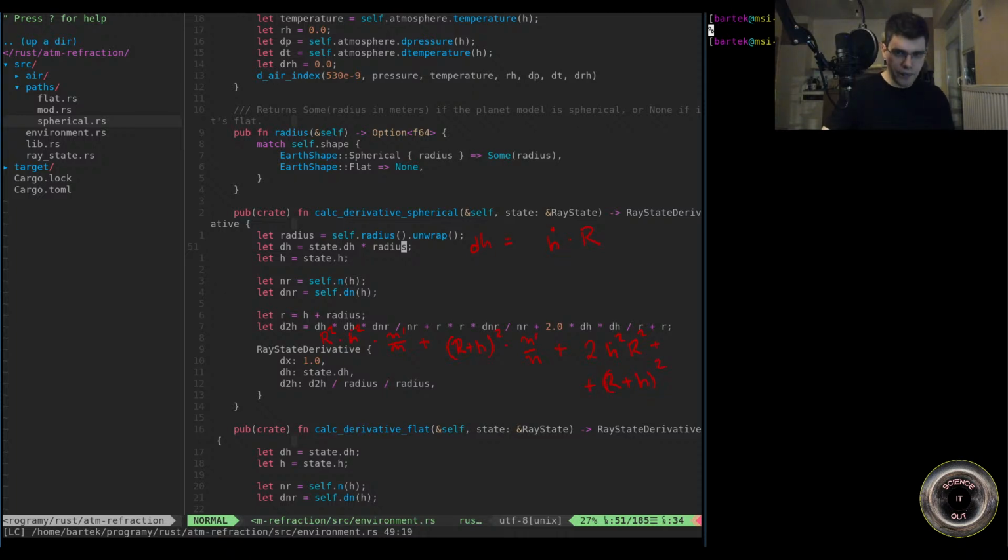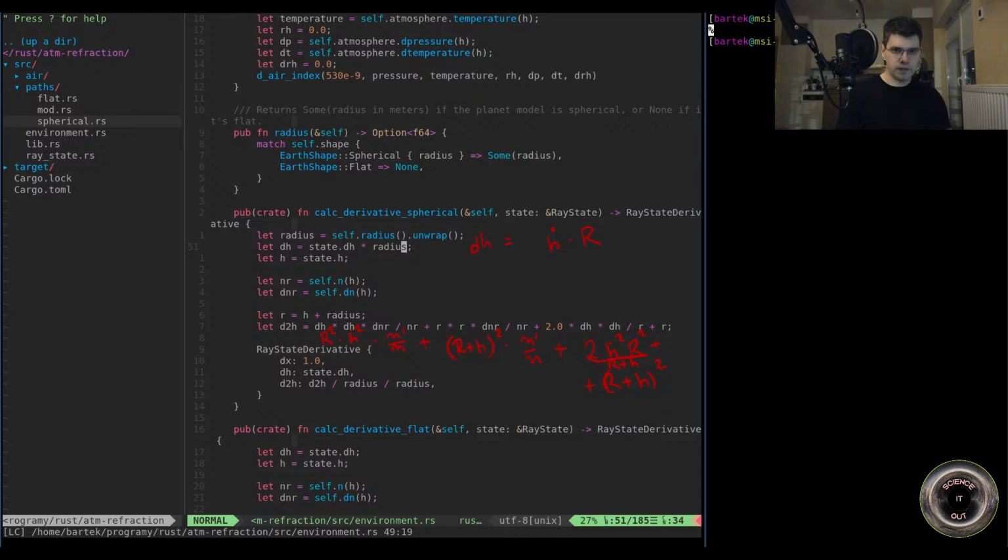Okay, so I just wrote it in terms of what was there in the document. So dh here, as I wrote, is h dot times r. So dh squared here is h dot squared r squared times 2. Oh, and it's divided by r, so I forgot about that part. So it's divided by r plus h.